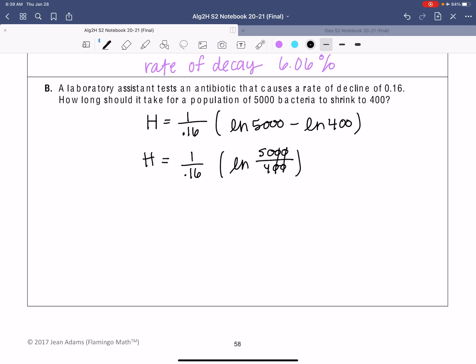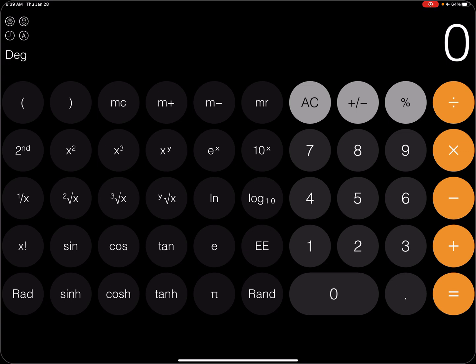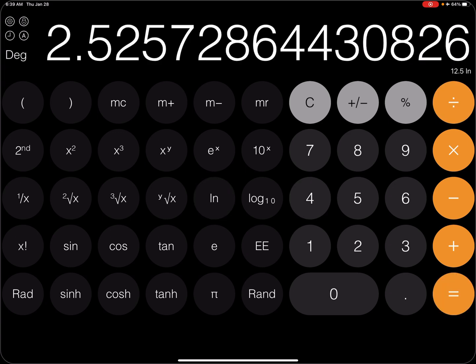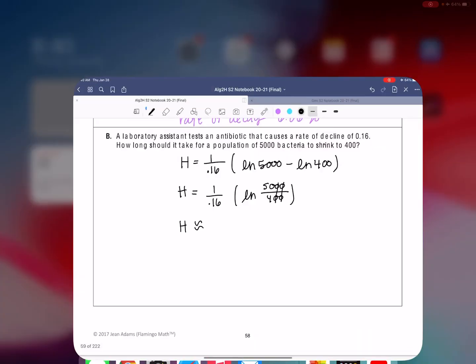Okay, and then we use a calculator. So H is approximately, using just a basic calculator here, we're going to do that 50 divided by 4. We're going to take the natural log of that, and then we're going to multiply by 1 divided by 0.16, which is the same thing as just dividing by 0.16, which equals 15.786.